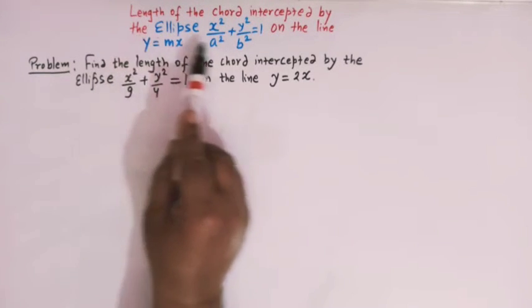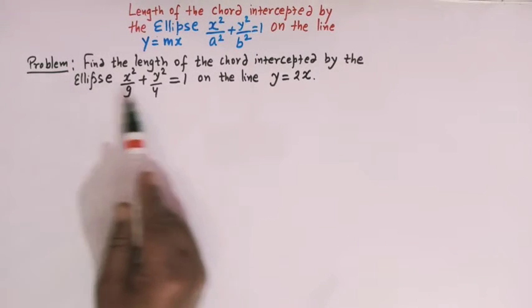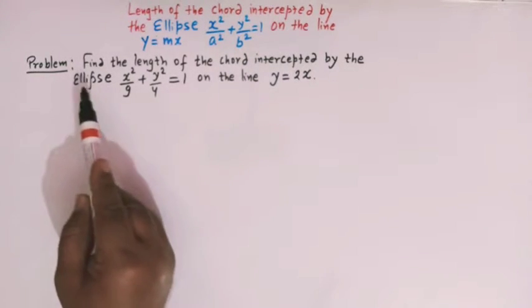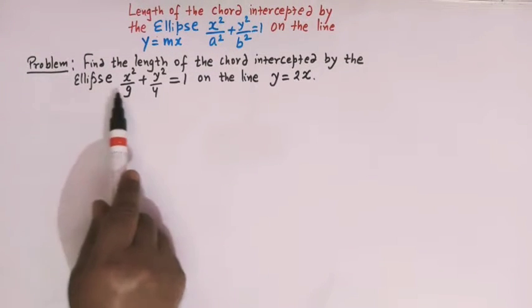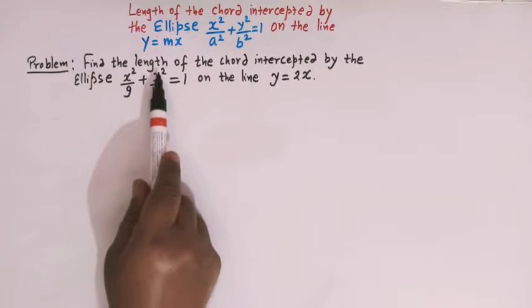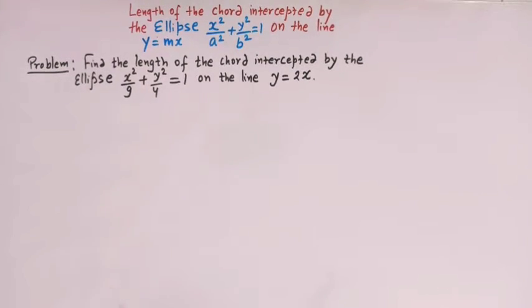And corresponding to this topic, we are going to solve this problem, that is, find the length of the chord intercepted by the ellipse x²/9 + y²/4 = 1 on the line y = 2x, right?